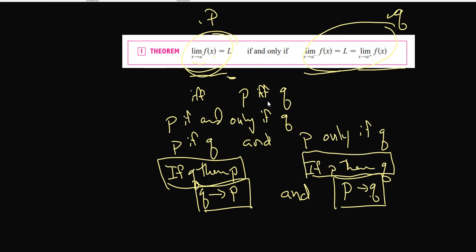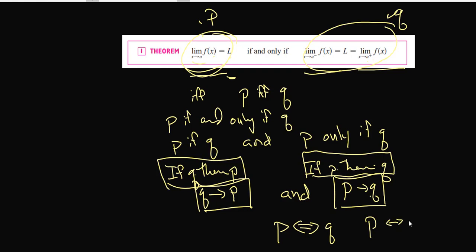So whenever you see "if and only if," that means there are two statements being asserted and both have to be proved. So this is a theorem, which means it has to be proved, but we're not going to prove it. But that's what it means: if Q then P and if P then Q. Sometimes we write it like this instead, P double arrow Q, or sometimes like this.